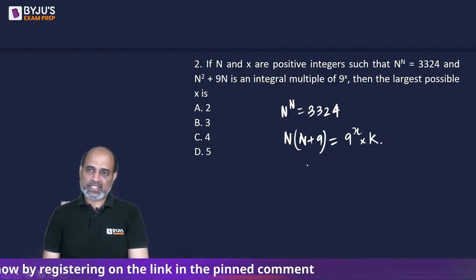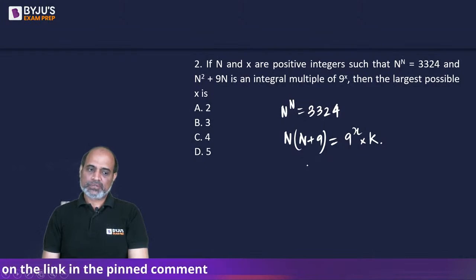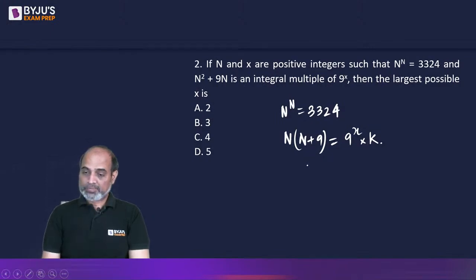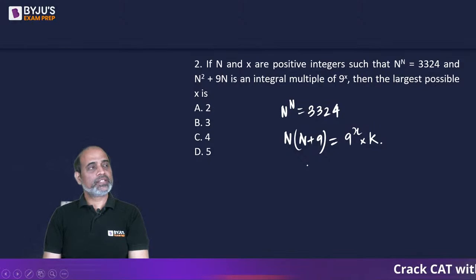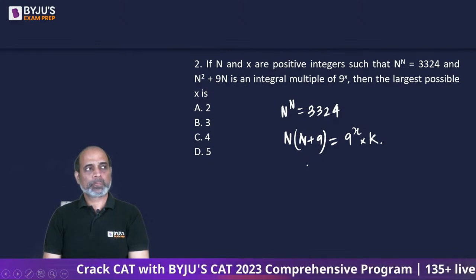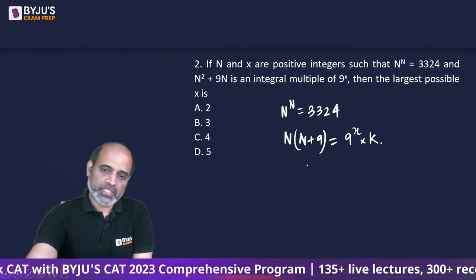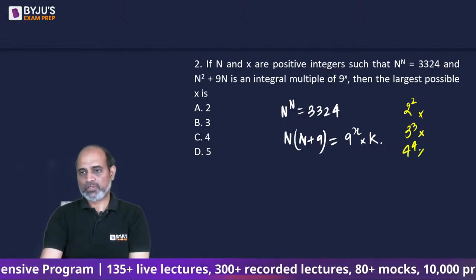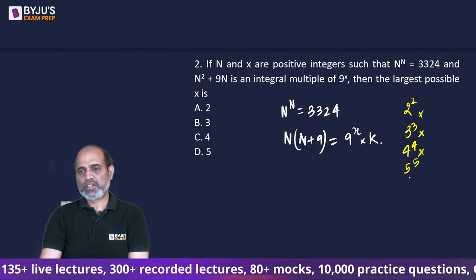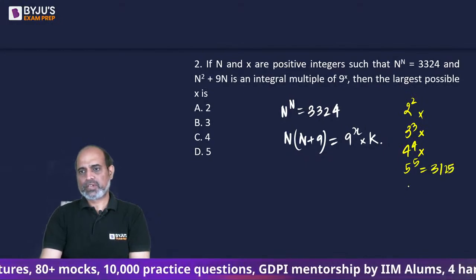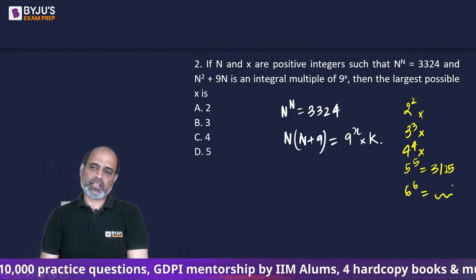So since this is 3324, right? So 2 to the power 2 doesn't make sense, right? 3 to the power 3, 4 to the power 4, 5 to the power 5. 5 to the power 5 is actually 3125. 6 to the power 6 is way more than that.